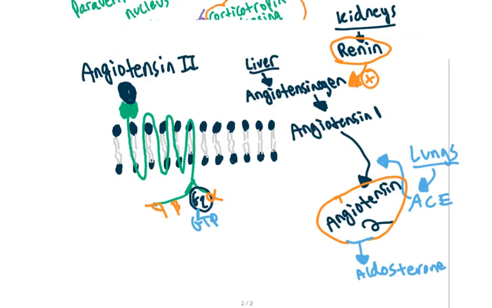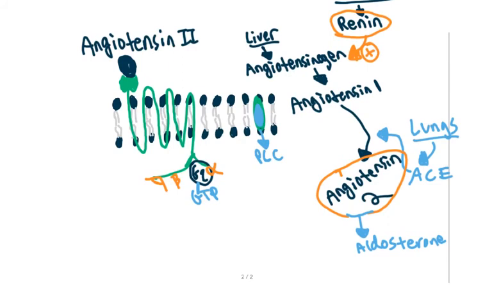So this GQ protein will dissociate and find an enzyme called phospholipase C. All right, so it's on the cell membrane. So it's going to find an enzyme that's present here, called phospholipase C. Phospholipase C will then get activated and it's going to cleave a molecule called phosphatidylinositol 4,5-biphosphate, also known as PIP2, which is also present on the membrane about right here.